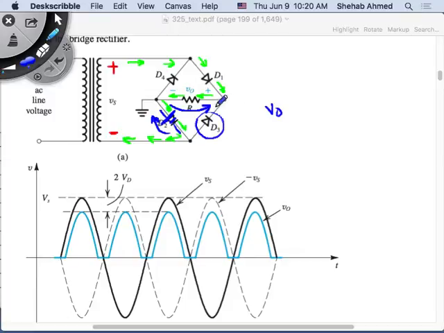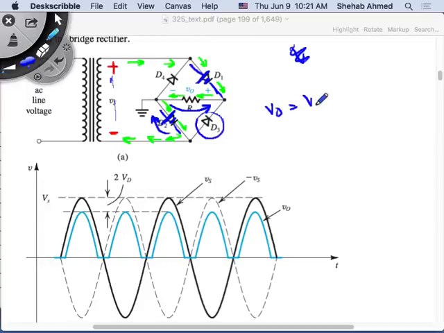So the rating for this diode, this is on as well, so if this is current flowing this way, then this is voltage in the opposite direction. So the voltage on the resistor is what? V output, which is the voltage on the resistor, is equal to Vs minus Vd.